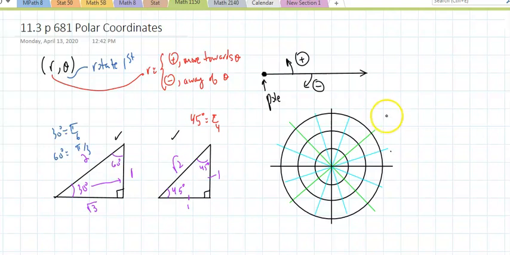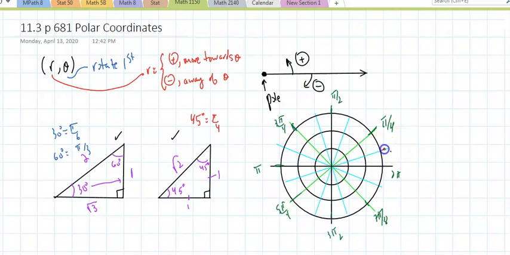If I want to label those, if I run through the fourths, I would label this as pi over 4, 2 pi over 4, 3 pi over 4, 4 pi over 4, 5 pi over 4, 6 pi over 4, 7 pi over 4, and 8 pi over 4 is 2 pi.